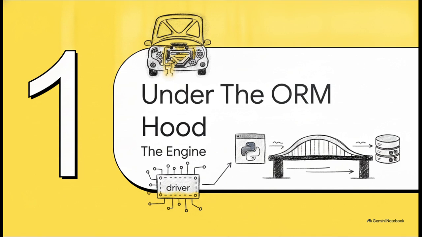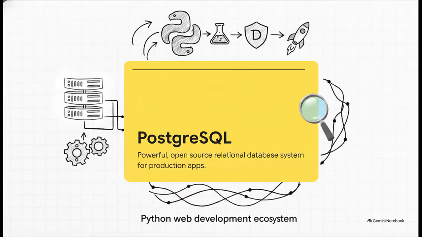So, when an object relational mapper, an ORM, connects to a database, it has to rely on a dedicated driver. This driver is basically a specialized library that handles the nitty-gritty technical details of talking to one specific type of database. You can think of it as the ultimate translator, the vital bridge connecting your Python application directly to the database itself. Take PostgreSQL, for instance.